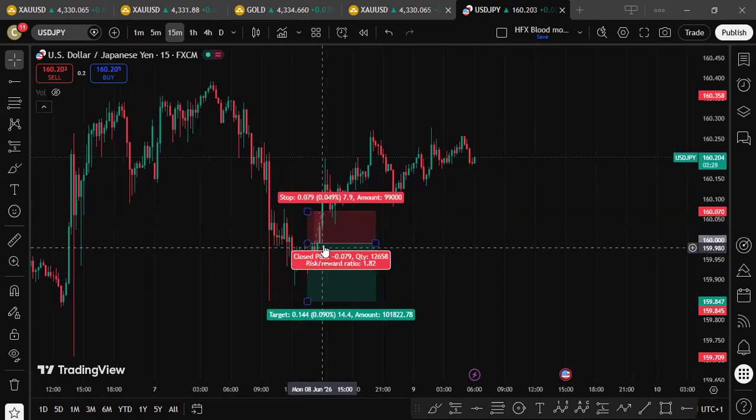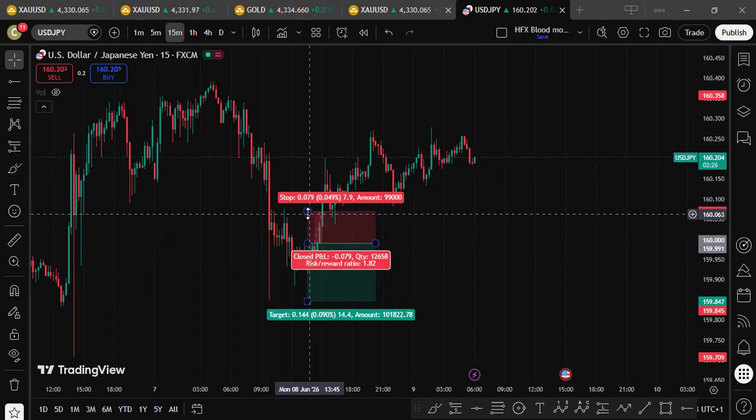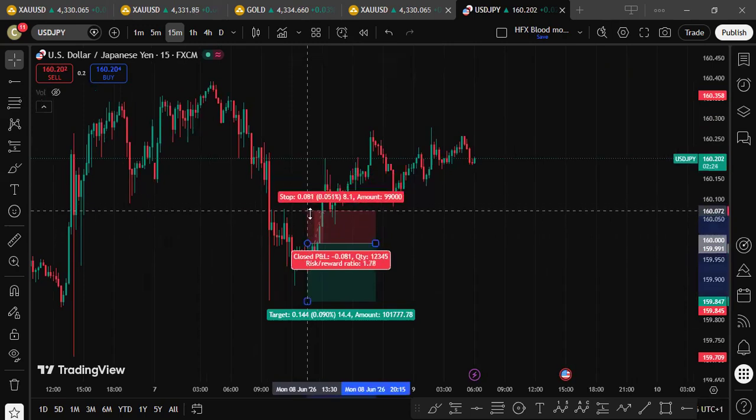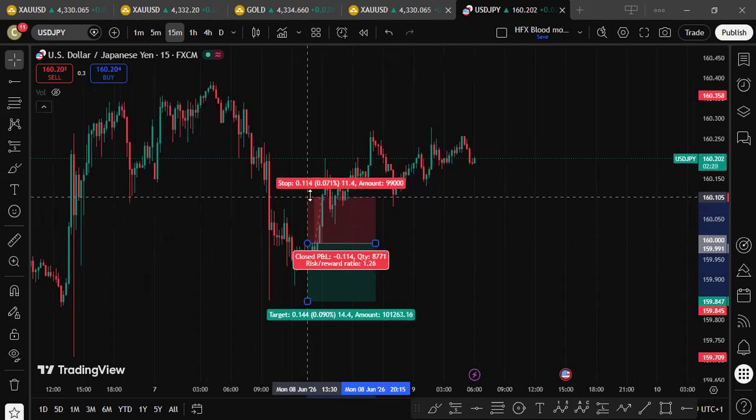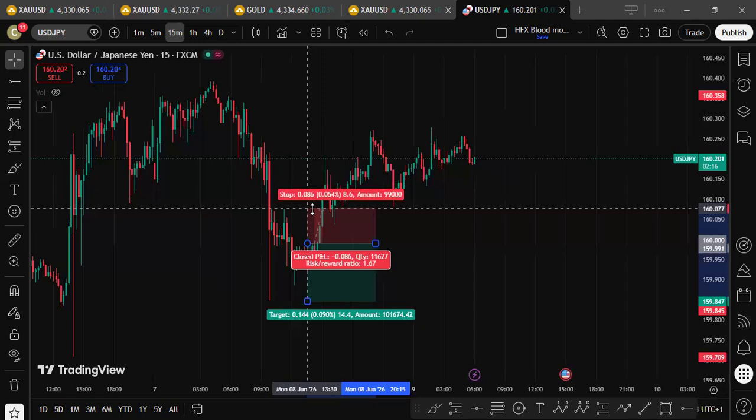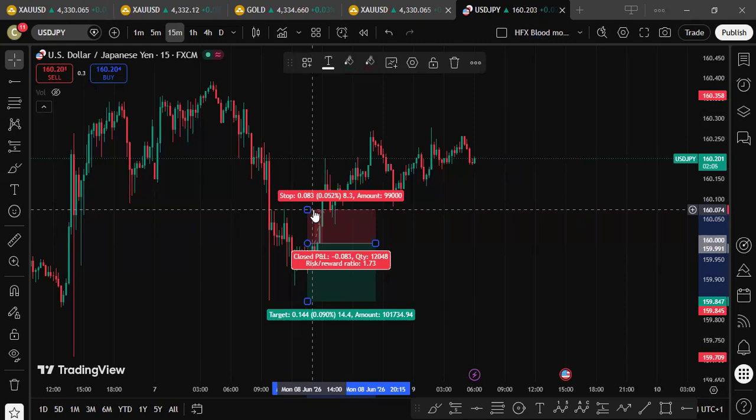With that 1%, I know the number of pips I can endure. Let's say you have a normal funded account here, say you funded $100, and I want to be risking 5%. 5% is basically $5.